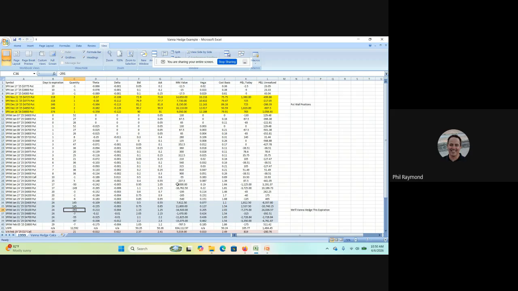I guess going back to your comment and discussion earlier on, you could buy puts to hedge your portfolio as well, right? Even if you're only looking to make it neutral.